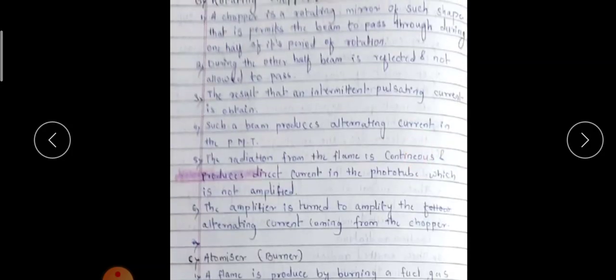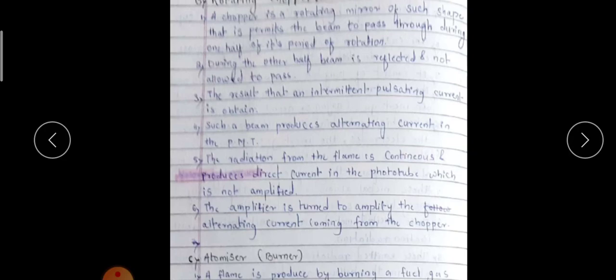Why is the chopper used? You can directly pass that radiation to the flame, but it will not give the pulsating current properly.